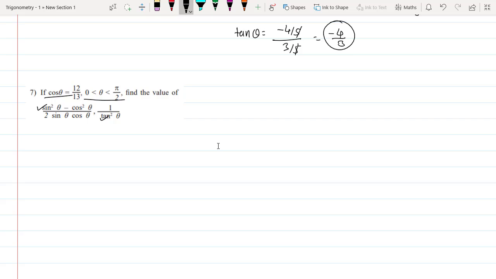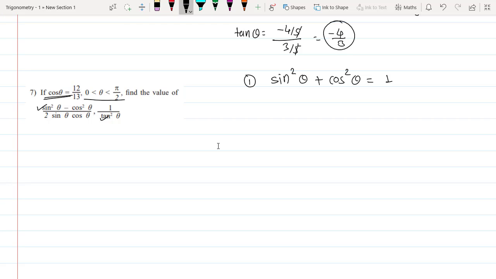Whenever you have cos and you want to find sine, use our very basic relationship between sine and cos, which is nothing but sin square theta plus cos square theta equals 1. Use this formula.